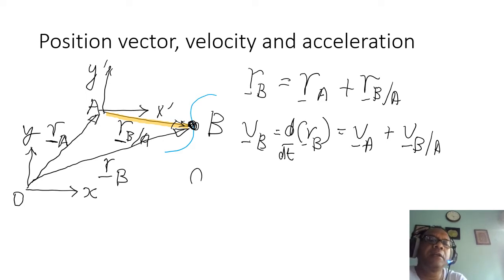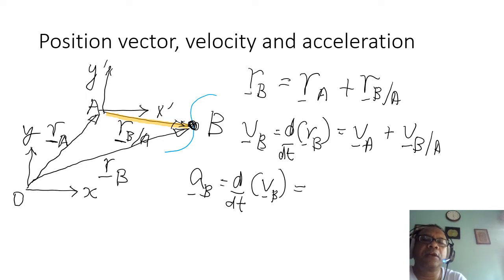Finally, acceleration B equals the differentiation of the velocity vector VB, and that will give us acceleration A plus acceleration B relative to A. It's a very straightforward thing, and let us mark this with the red color.